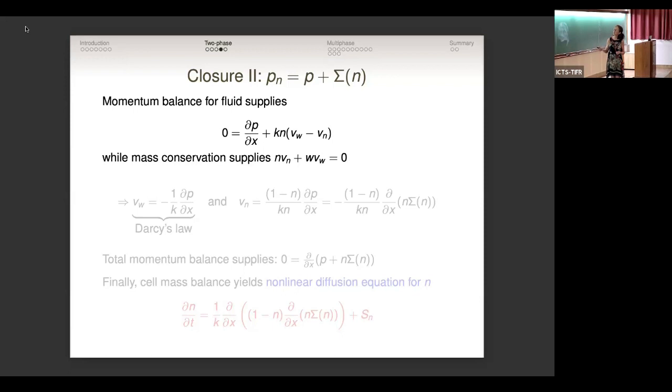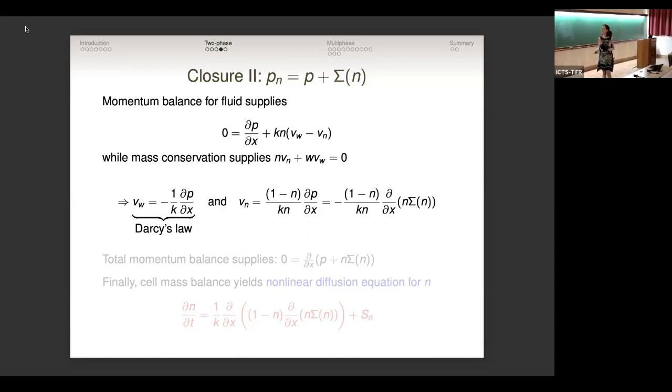If you combine that with our mass conservation, which relates Vn and Vw, then you can arrive at Vw is minus 1 over k dp dx, which is exactly Darcy's law. Right? So we're saying this is Darcy flow. If you work a little bit harder, then you can arrive at this expression for the cell velocity.